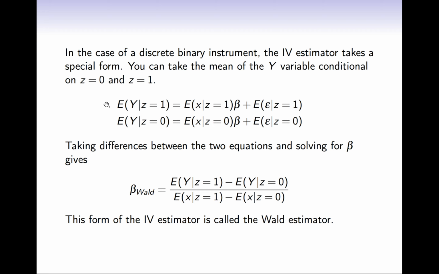If you take this equation minus this equation and solve for beta, you come out with this ratio. You take the difference in mean Y's for Z equals 1 and Z equals 0, and divide by the difference in the mean X's for Z equals 1 and Z equals 0. This is called the Wald estimator. It has this simple form of being this ratio.